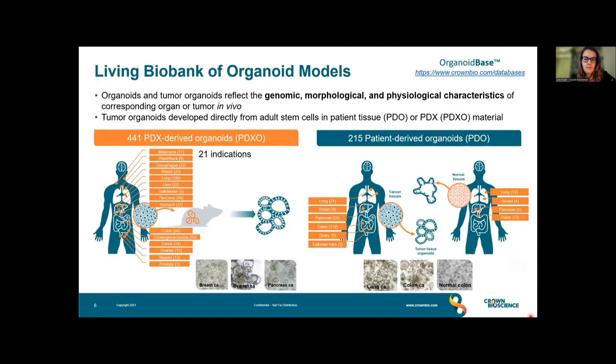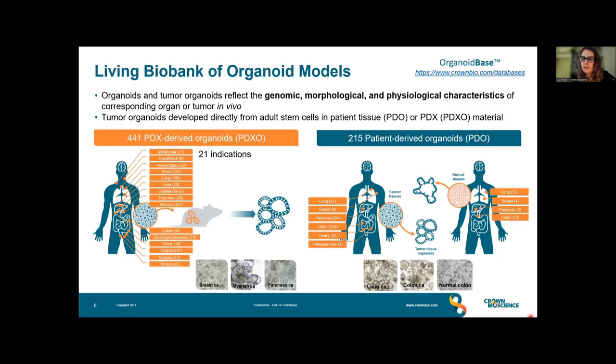Within our living biobank of these organoid models, we have now included at least 441 PDX-derived models and 215 patient-derived organoids, or PDOs. They reflect the genomic, morphological, and physiological characteristics of their corresponding organ and tumor in vivo.